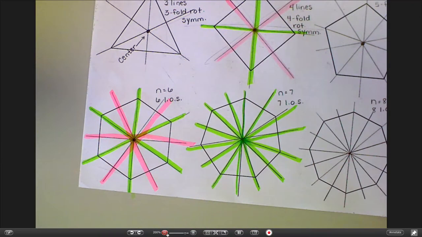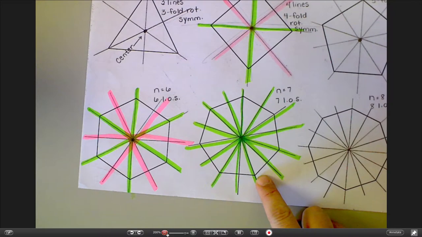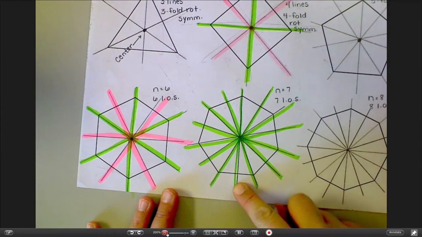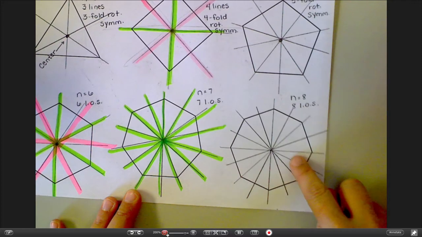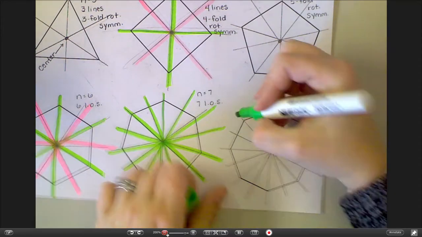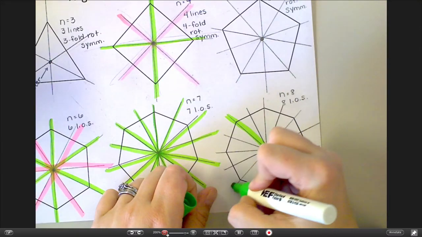Does that same thing happen here? Do you go corner to corner here? No. This line, see how it goes through a vertex here, but then a side here? Here we go corner to corner and side to side. Every other, so what do those have in common?